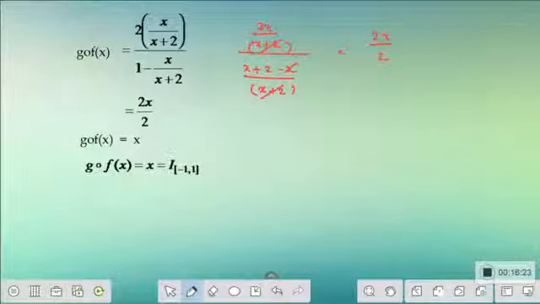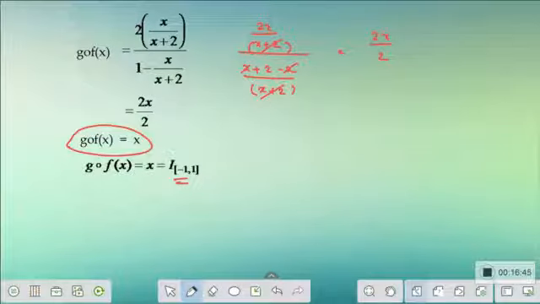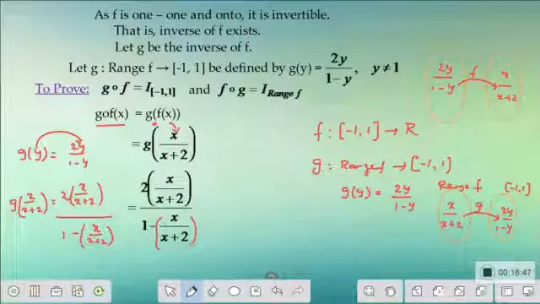You can see this x and minus x go off, 2x by 2, and here it is. So 2x by 2 is nothing but your x. So g composite f of x is equal to x, which implies g composite f is an identity function, and x is nothing but an element in the set minus 1 comma 1. So g composite f of x is equal to I of minus 1 comma 1. So the first part, proving g composite f is an identity function, is done.